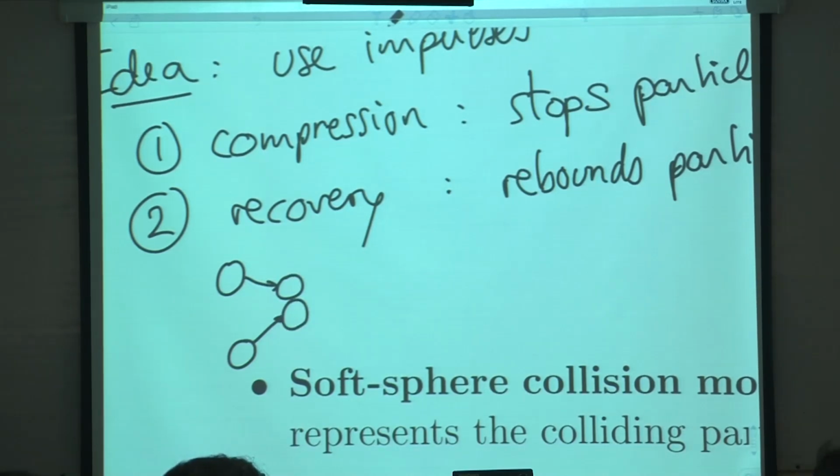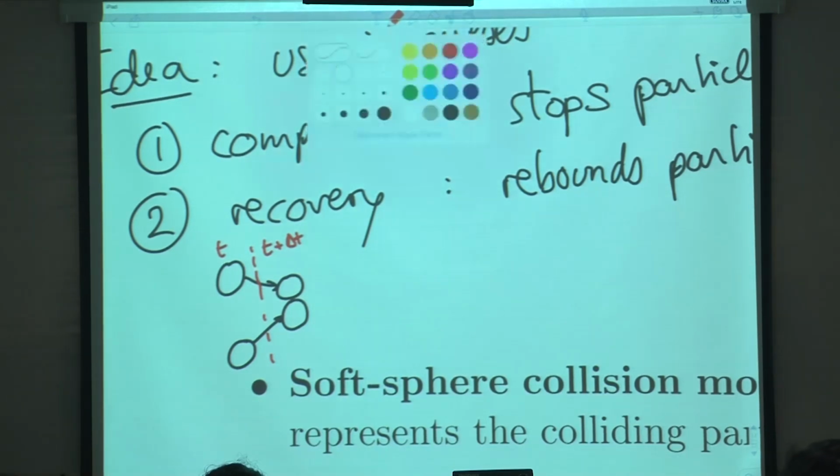So this is at t, and this will be at t plus some delta t. You can identify that. Now, here's a different situation.